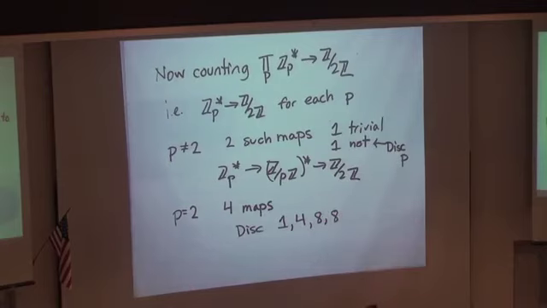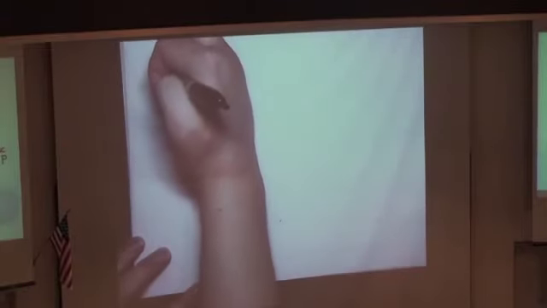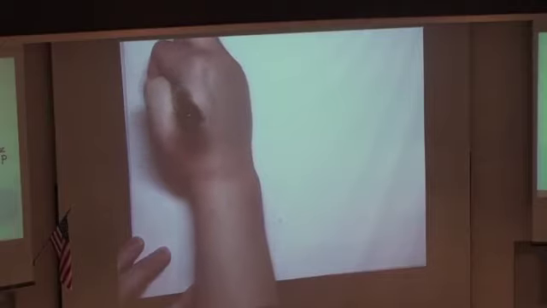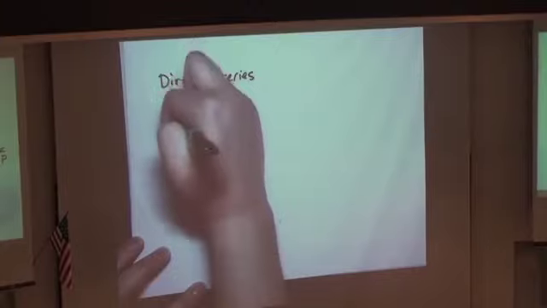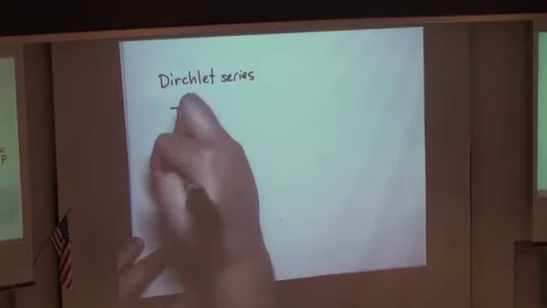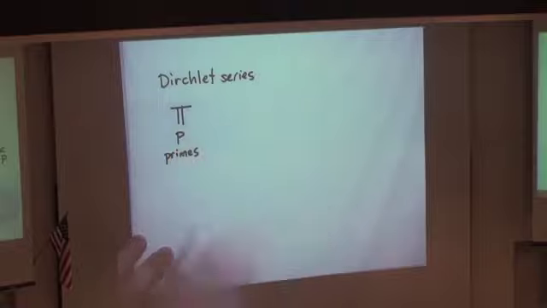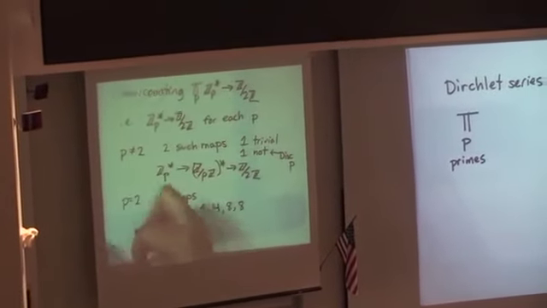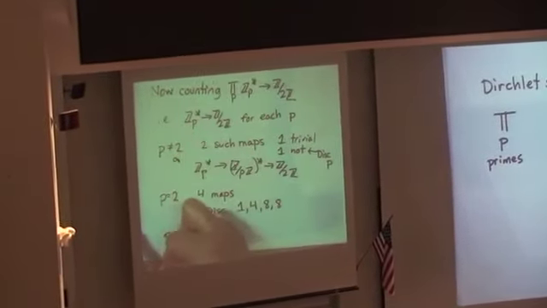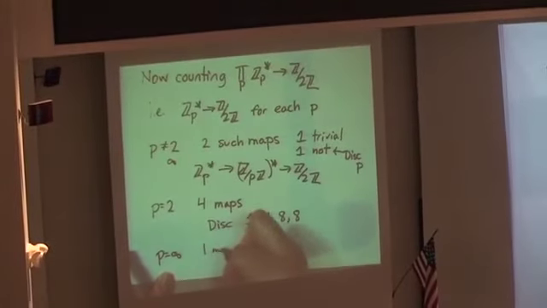Okay. So we can finish by putting these into a Dirichlet series, where I take the product over here. There's only one map when p is equal to infinity, so that sort of fell off. Okay, doesn't really matter.